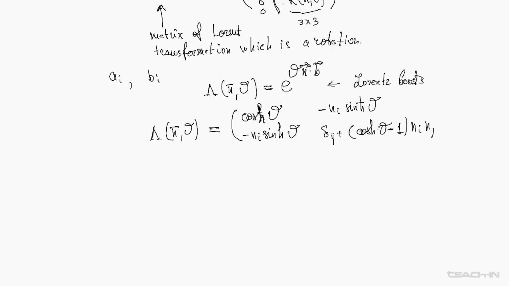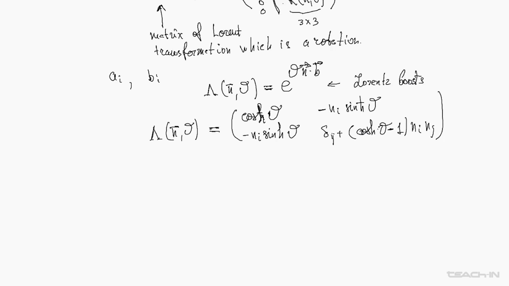It is parameterized now by the hyperbolic angle, and the name hyperbolic is related, of course, to the appearance of hyperbolic functions, cosh and sinh. The hyperbolic angle vartheta is not running on a compact space from 0 to 2 pi, but it runs from minus to plus infinity.